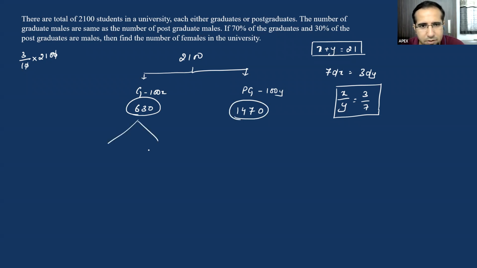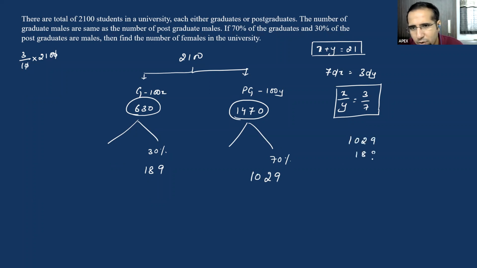And now I'm told that 70% of graduates are males. That means 30% of these graduates are females. So 00 gets cancelled. 3 3s are 9 and 3 6s are 18. Similarly, 30% of these are males, so 70% are females. 7 7s are 49, 9 I carry 4, 7 4s are 28 plus 4 is 32, 2 I carry 3, and this is 1029. Right, so my total number of females will be 1029 plus 189.